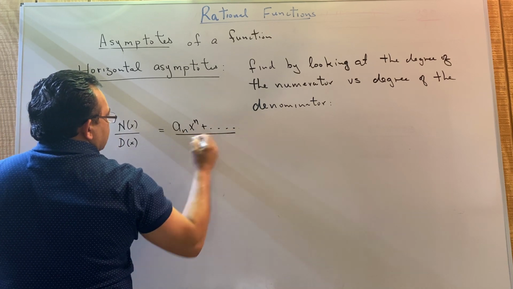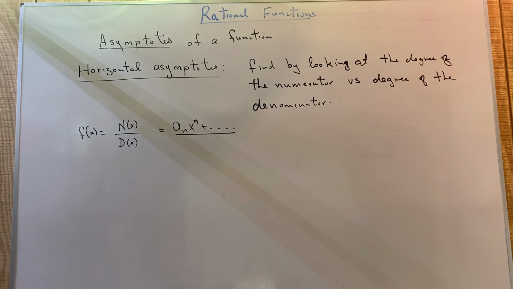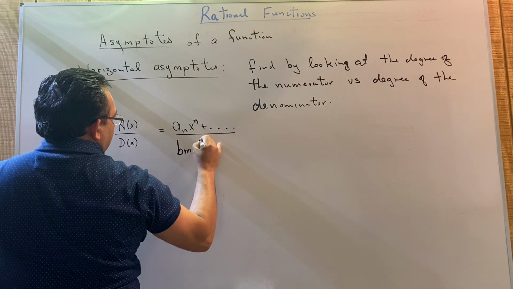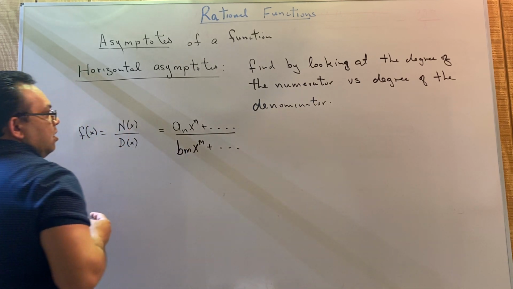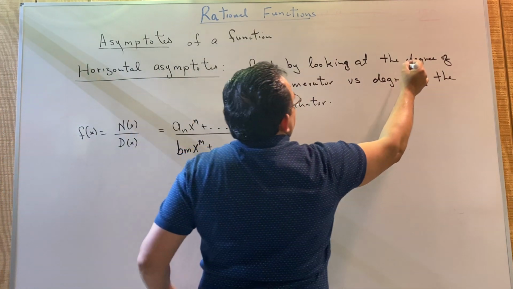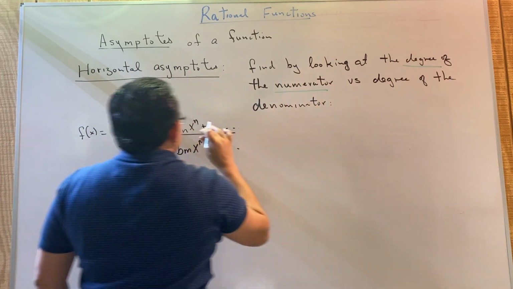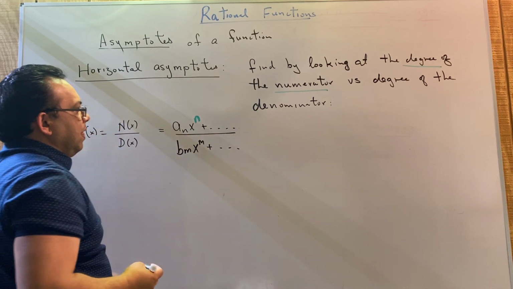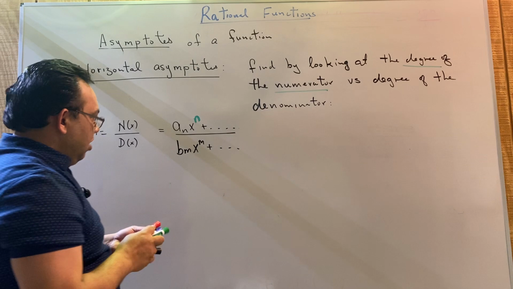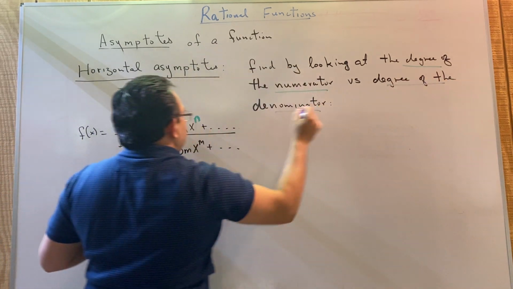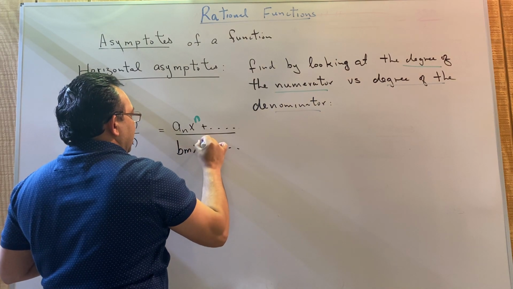And d of x, I believe I used b of x, b_m x to the m power plus whatever. So when we talk about the degree of the numerator, that's really this n value here, okay? And the degree of the denominator, this is this m value here.